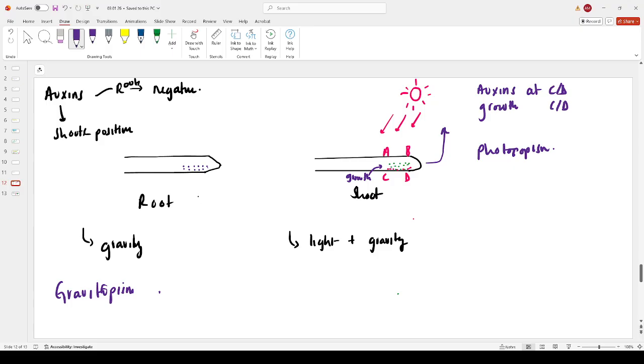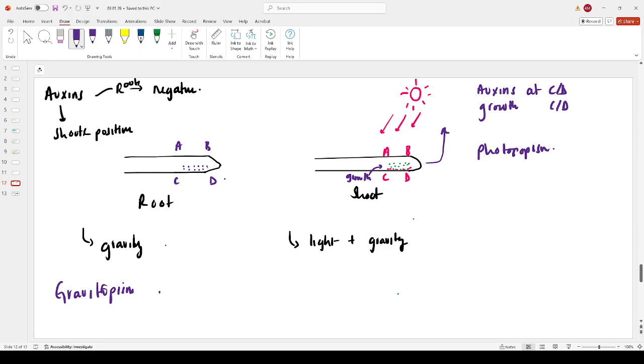Okay? So just a quick one, guys. For geotropism, do auxins have a positive response or a negative response? Yeah, good.